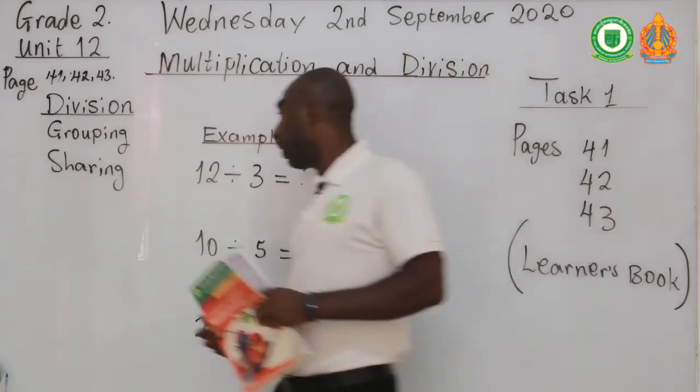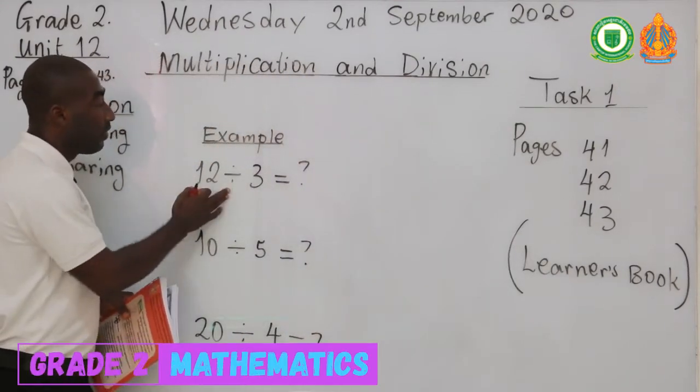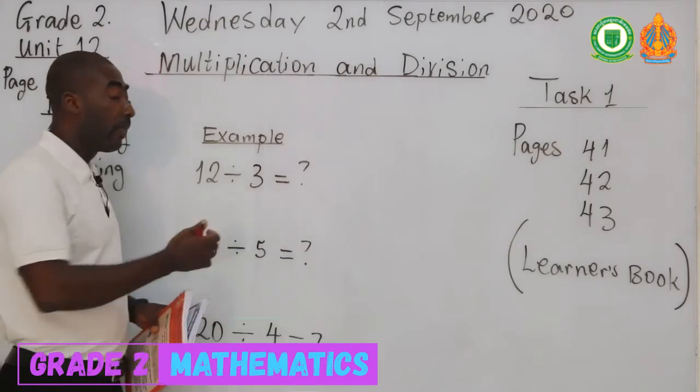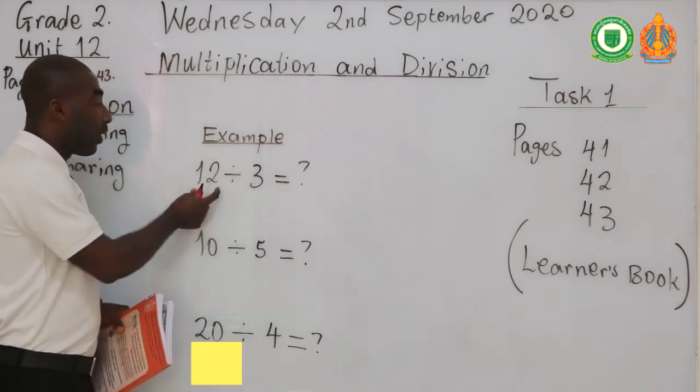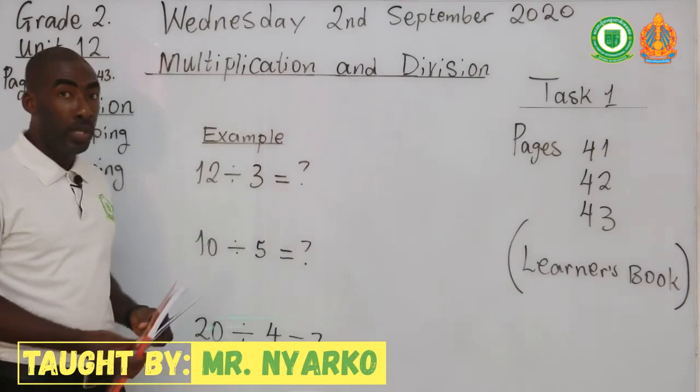Okay, so the first example we're going to look at is 12 divided by 3. That means you have 12 items and 3 people are going to share.